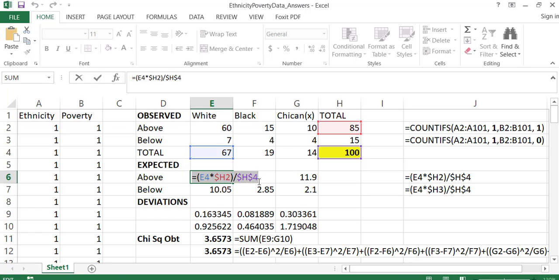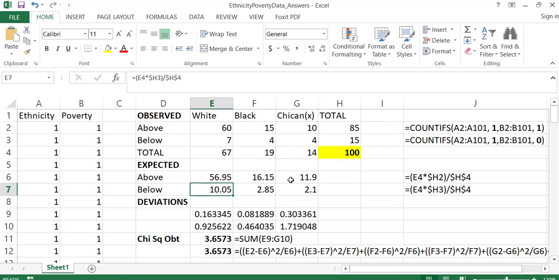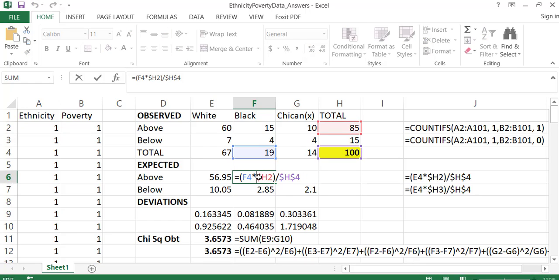So I've told it to hold steady on H2, H being my row total, so I can use that across each of these. And in fact, we still are going to use H2 for the next one. And then, of course, we have the same number of individuals in all cases, so I've told it to stay static on H4 as the denominator in each of these.